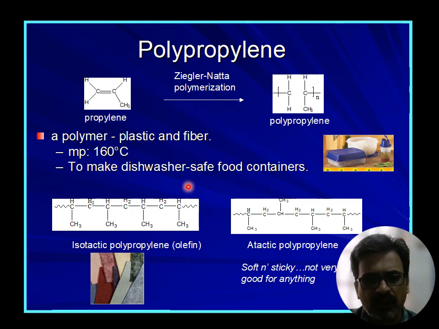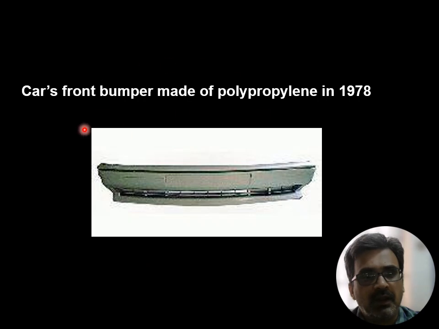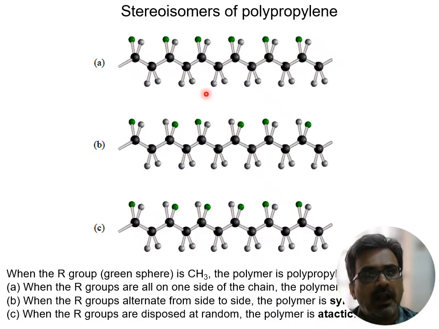It has several applications in dishwashers and food containers. Again, we can make isotactic or atactic depending on the density of the polymer. One important aspect is that the Ziegler-Natta catalyst plays a very important role in making isotactic polymer. Even in the late 1970s, car front bumpers used to be made from polypropylene.